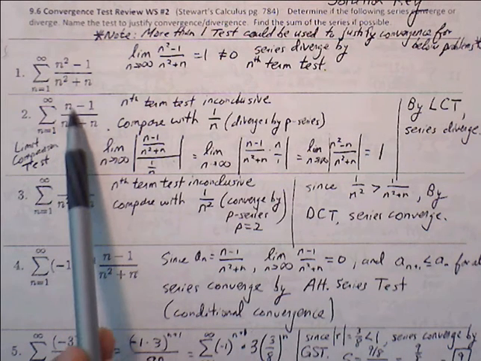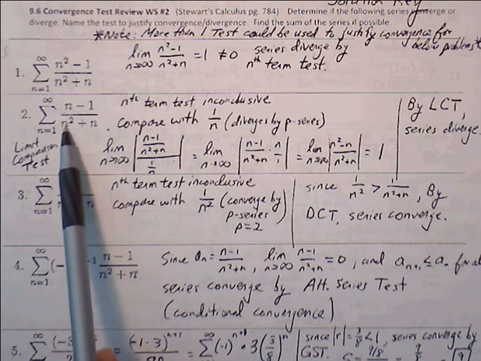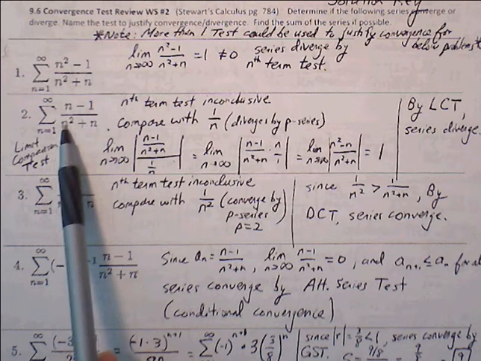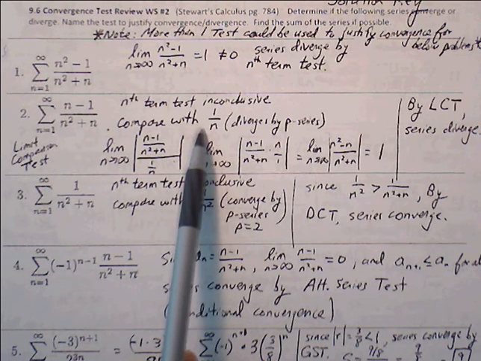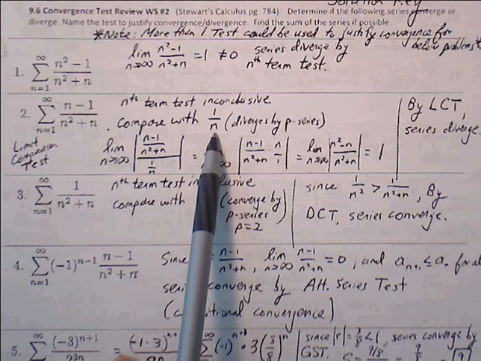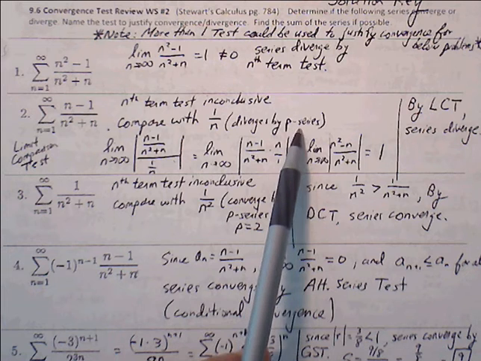Now, if I look at the numerator and denominator, the relationship between numerator and denominator is n over n squared, which is similar to the relationship of 1 over n. The degree in the denominator is 1 higher than the numerator. So we know that 1 over n is a diverging harmonic p-series.